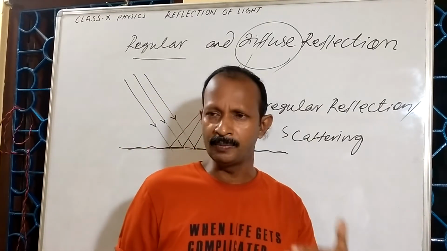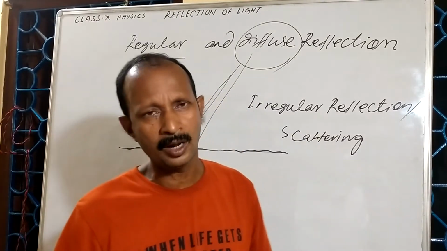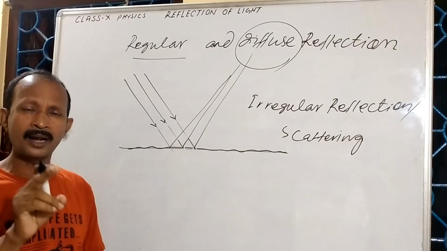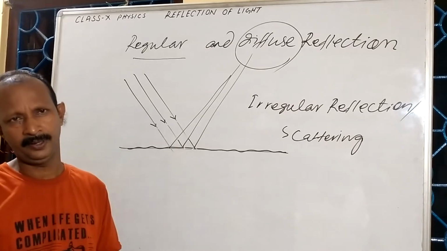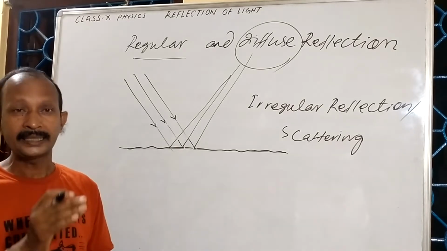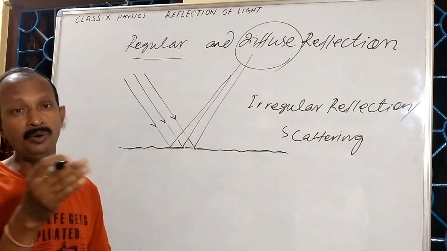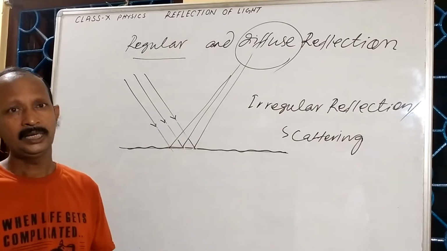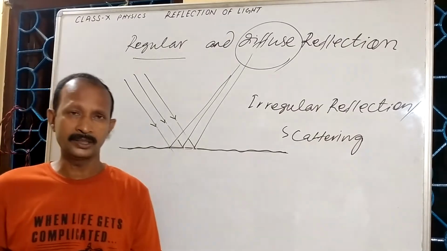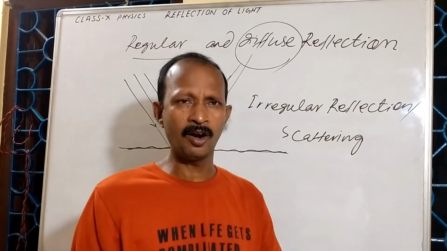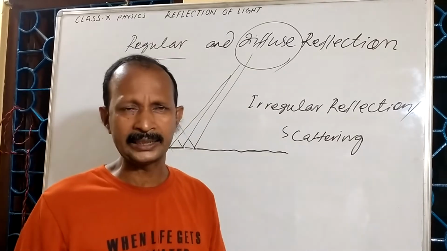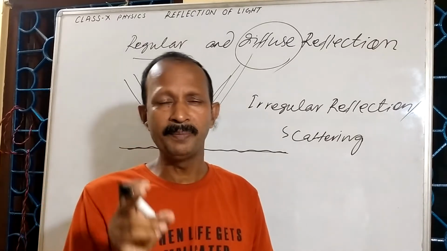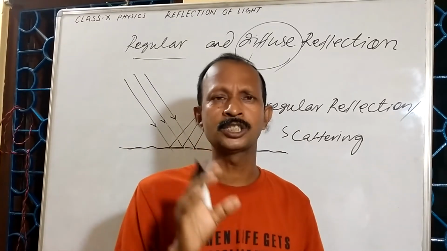So most of the objects that we observe in our surroundings have rough surfaces. So there irregular reflection takes place, scattering takes place. So the light rays falling on rough surfaces scatter, and they won't make an image. An image is formed on a smooth surface.